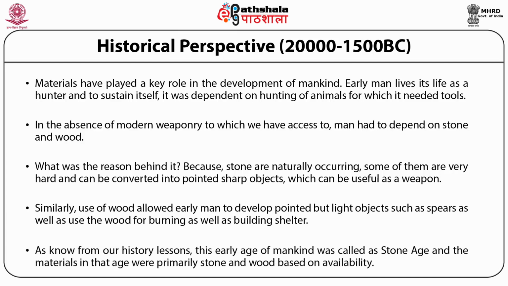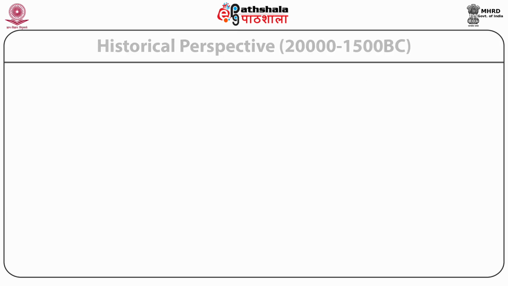As we know from our history lessons, this early age of mankind was called the Stone Age, and the materials in that age were primarily stone and wood, based on availability.